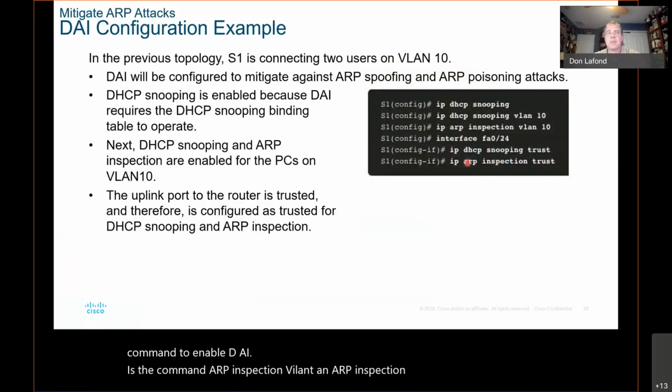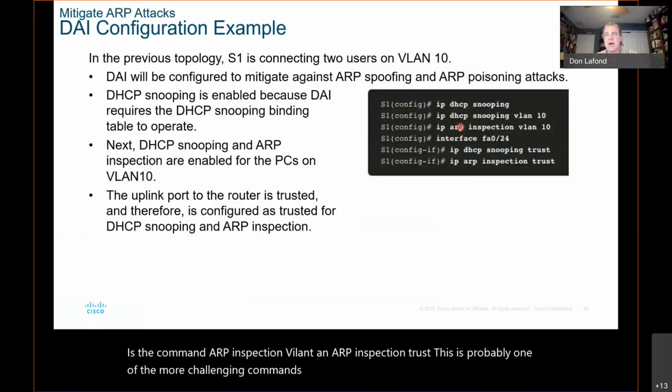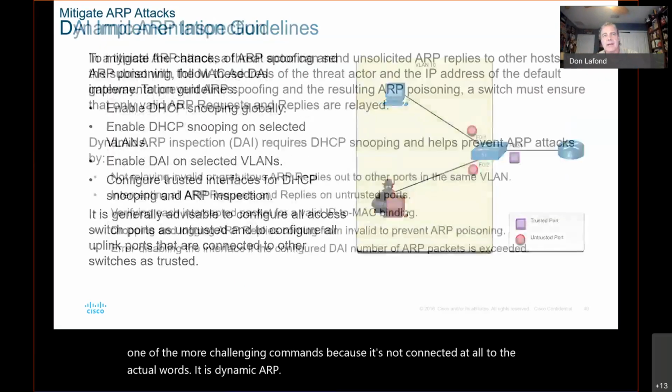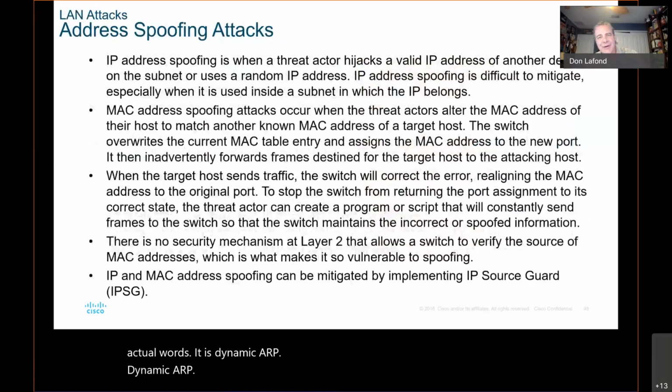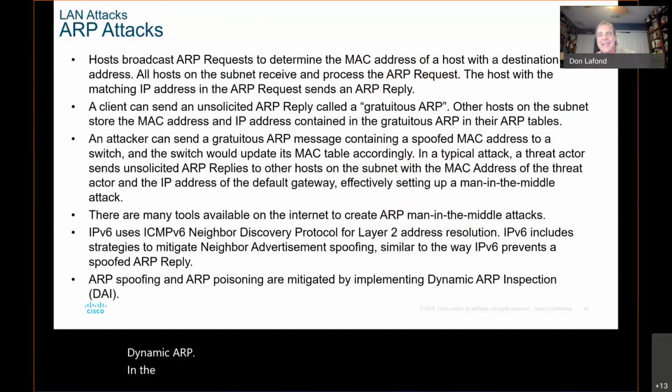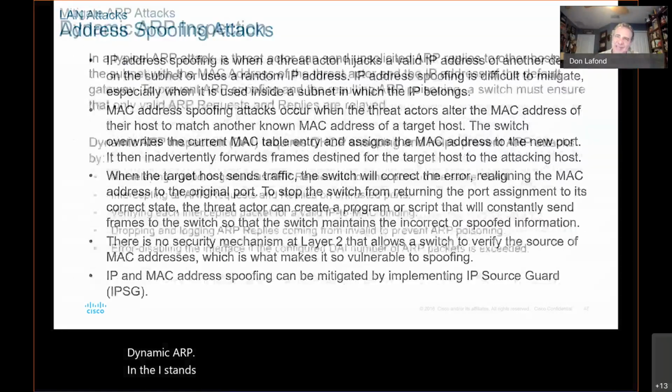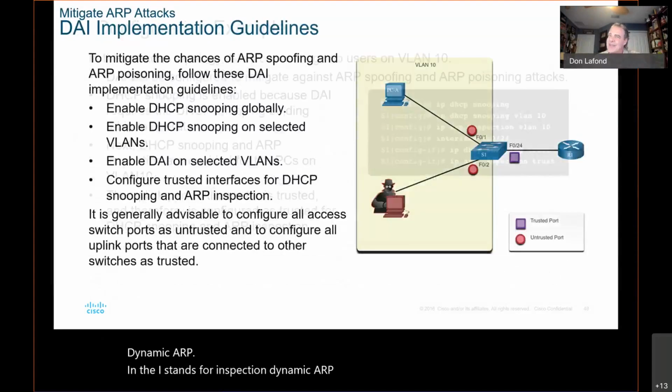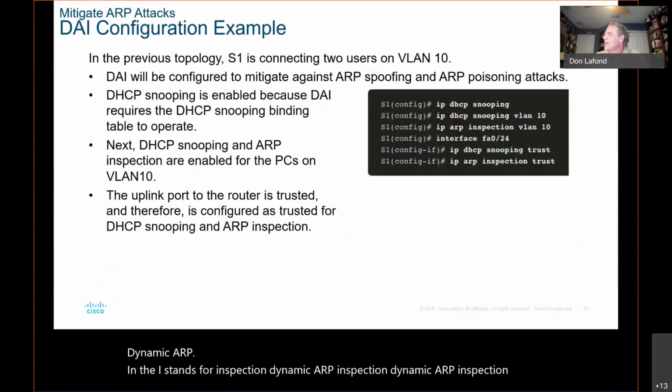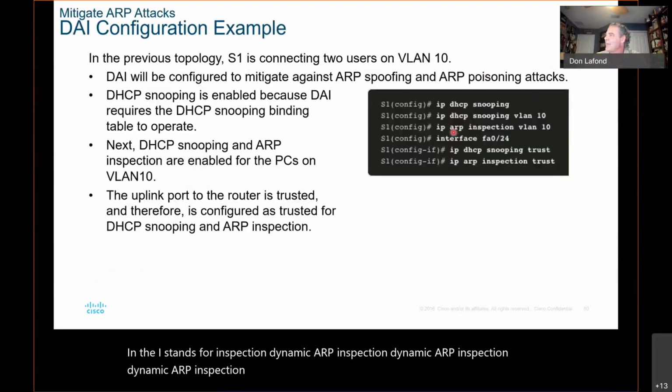This is probably one of the more challenging commands because it's not connected at all to the actual words. It is dynamic ARP, and the I stands for inspection. Dynamic ARP inspection. So ip arp inspection is the command to enable dynamic ARP inspection.